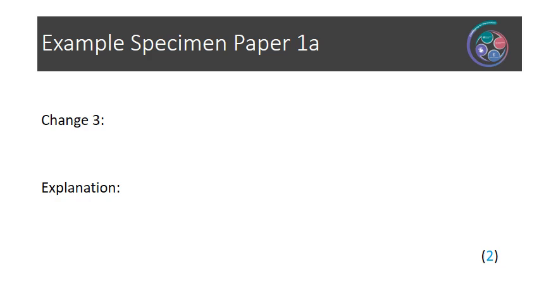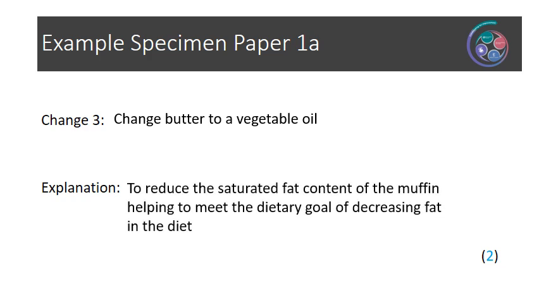Change 3 could be change butter to a vegetable oil. Explanation could be to reduce the saturated fat content of the muffin, helping to meet the dietary goal of decreasing fat in the diet. 1 mark for changing butter to vegetable oil and another mark for your explanation.